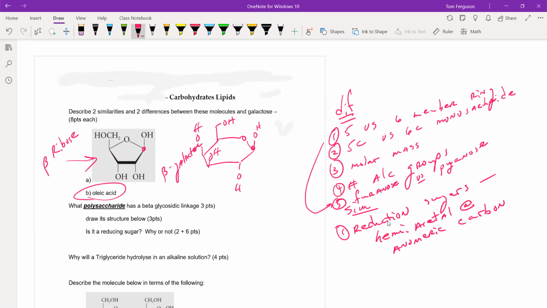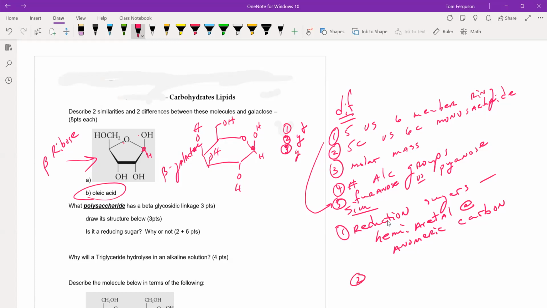Okay. And we know it's a hemiacetal because we go OCO, so that's a yes. We have an OH present, so that's a yes. And there's a hydrogen here on both of them. So it's a hemiacetal.